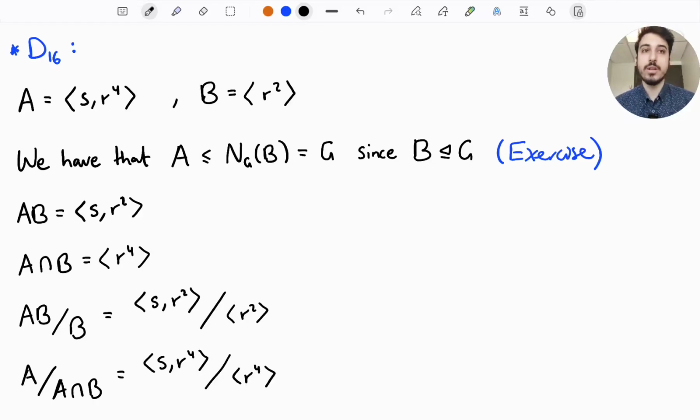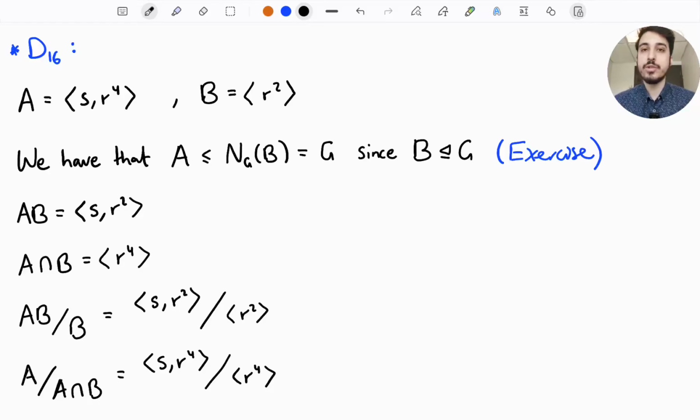B is a subgroup generated by R2, which is 2 rotations. We have that A is a subgroup of the normalizer of B in G, which is the entirety of G, because B is a normal subgroup of G. And I leave that verification to you as an exercise. Prove that B is a normal subgroup.